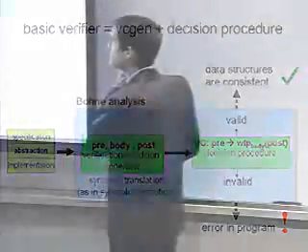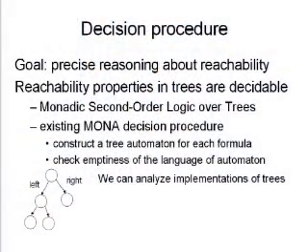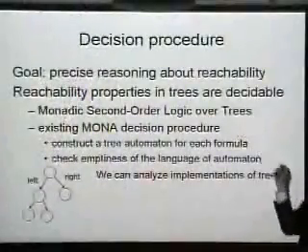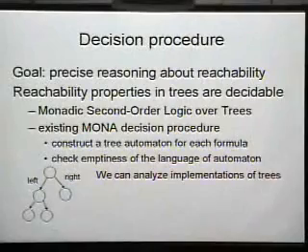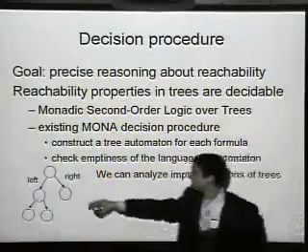And so the real question is, what decision procedures can we use? Well, in order to reason about reachability properties, we use monadic second-order logic over trees. In fact, we used the existing MONA decision procedure for this logic that's based on tree automata. And what this allows us to do is to analyze implementations of tree data structures.